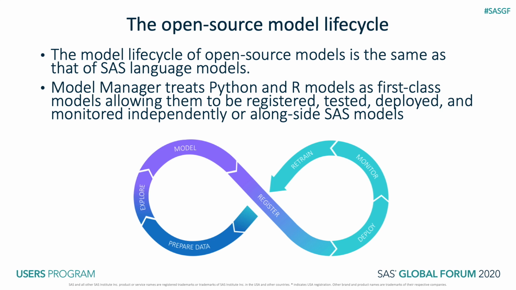But since many data scientists now incorporate Python and R into their data analysis projects, Model Manager now also handles these models as first-class models. This means that open source models can be registered, tested, compared, deployed, and monitored either on their own or alongside SAS models.